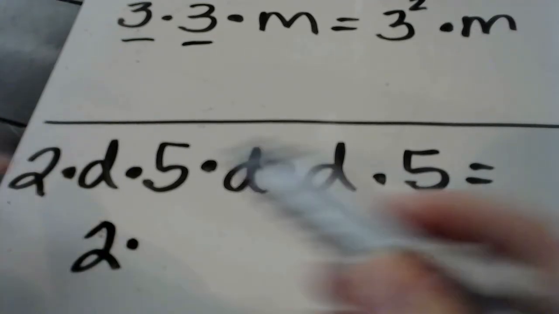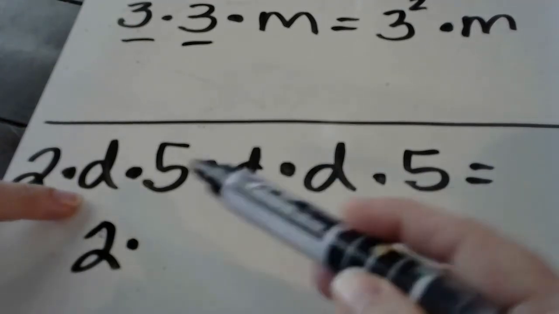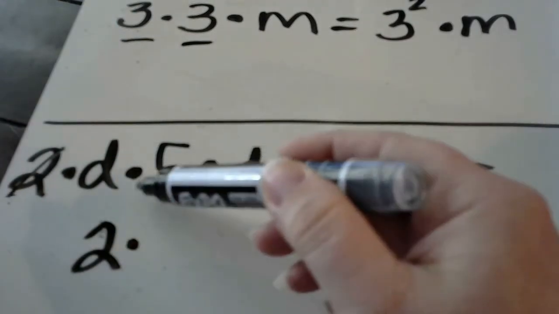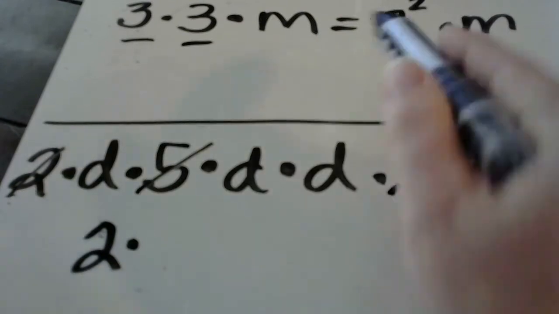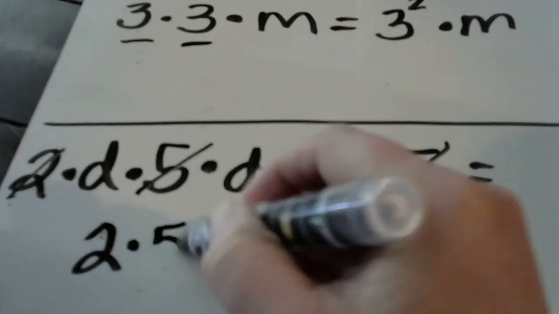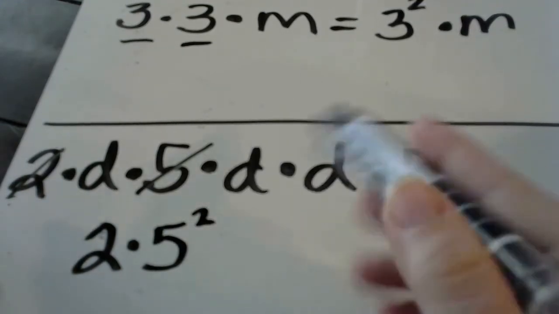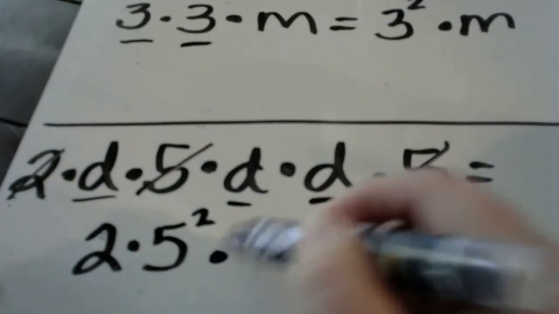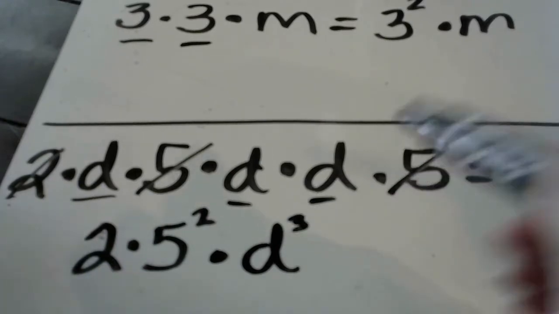Next is not the D. We're going to go numerically first, then the letters. I'm going to mark out as I go. I've already used the 2. So now I have 1, 2 5's. Just like this example up here, I have 2 5's, so I'm going to square it, or 5 to the second power. And then I have 1, 2, 3 D's, so I'm going to cube that, or to the third power.